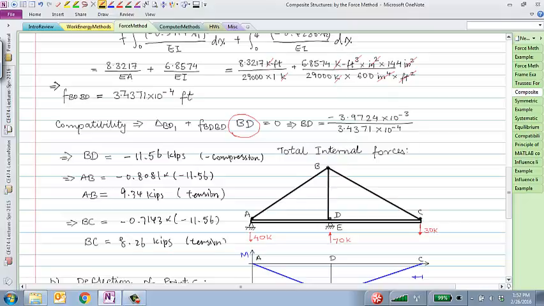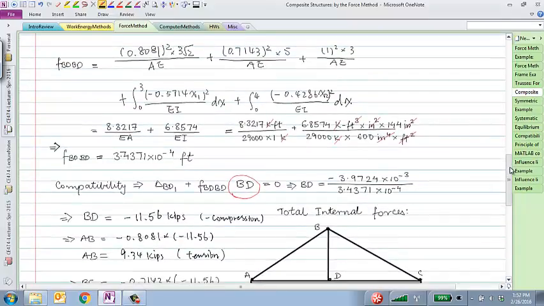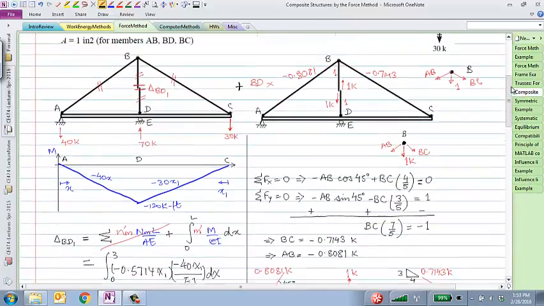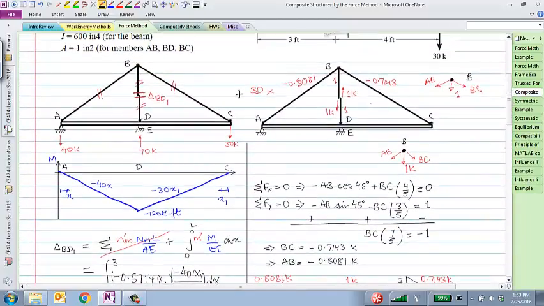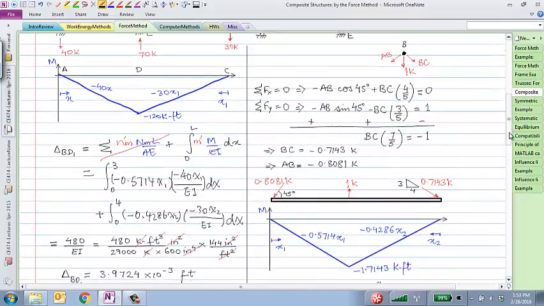Can you tell us how we got AB and BC from BD? Right, basically from the equilibrium of that joint B. So if you scroll down, yeah, keep going down.